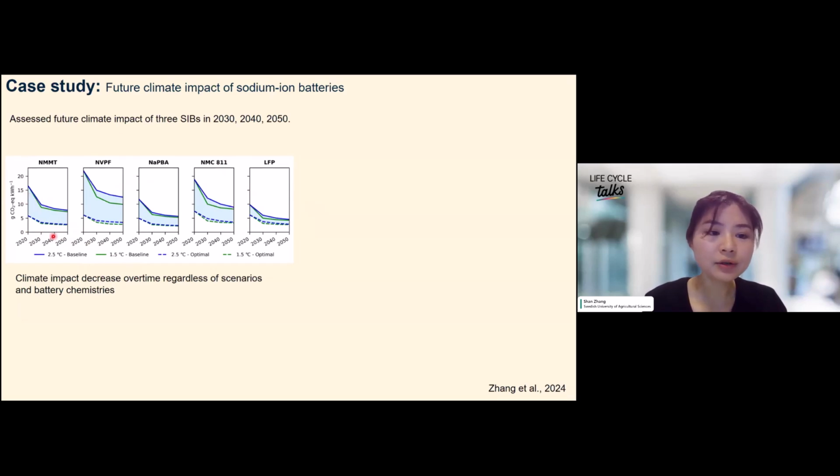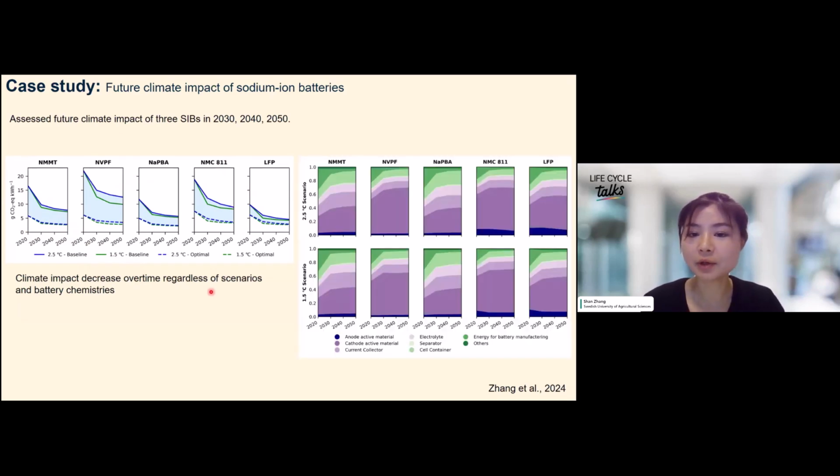The results show that the climate impact increases over time, regardless of the scenario and battery chemistry. As for the environmental hotspots, different colors represent different material and energy flows and their relative contributions to the total climate impact. We see that over time, the environmental hotspots are also shifting.